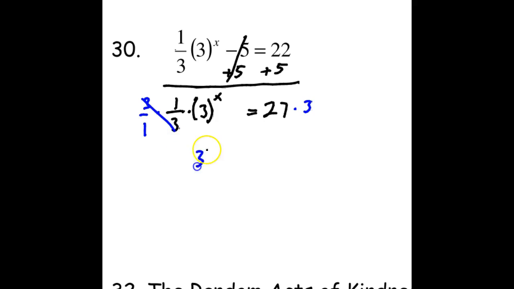So we have 3 to the what equals 27 times 3, which is 81. And then 81, write it as an exponent, so that's 3 to the 4th power. So x equals 4.